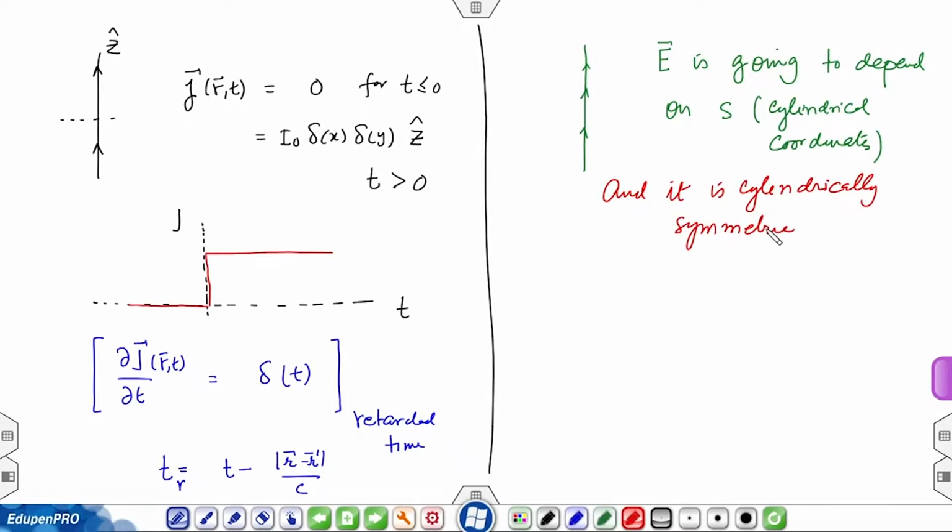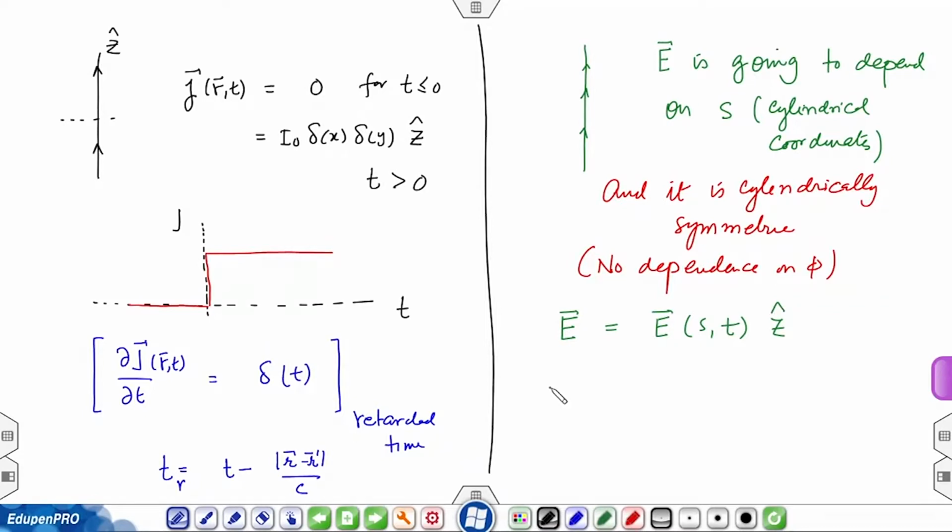What that means is there is no dependence on phi. So, my E field is a function of s and t, and as you can see from the direction of J, it is going to be in the z direction, but we will calculate that.